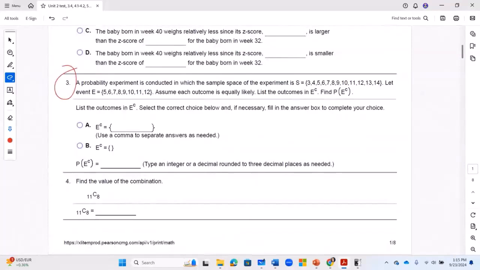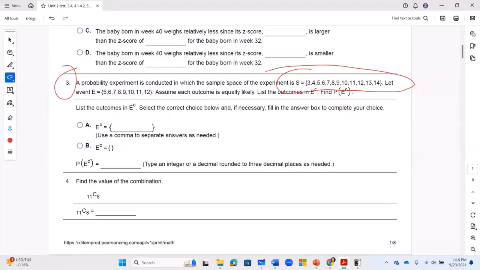So question number 3. We are given a probability experiment in which the sample space, whenever you hear sample space in this unit 2, means population.